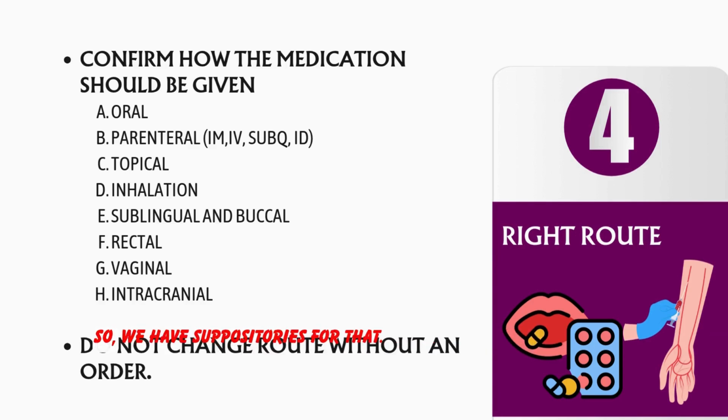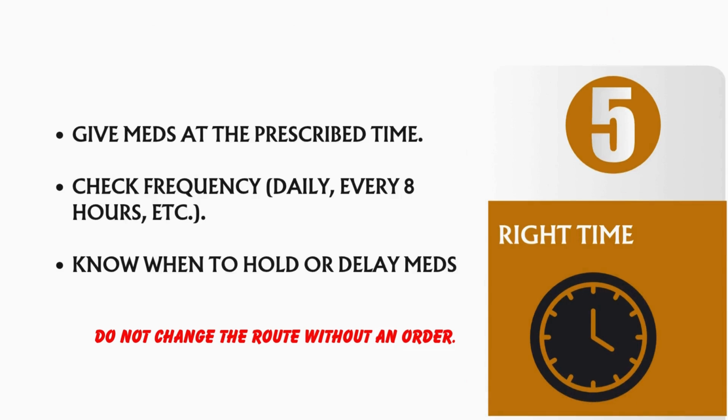F, rectal. So we have suppositories for that. G, vaginal, which is into the vagina. H, intracranial. And another thing to note, please do not change a route without an order. If they had not instructed you to change the route, formerly the patient was given orally, and they have not instructed you to give this patient IV, do not give the patient IV. Do not change a route without an order.